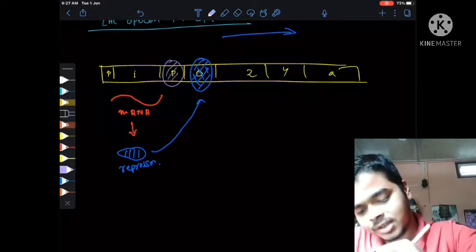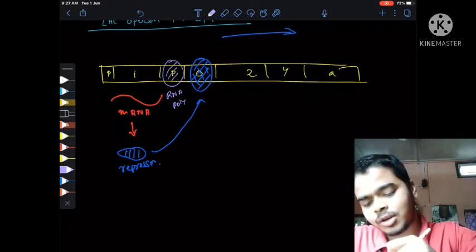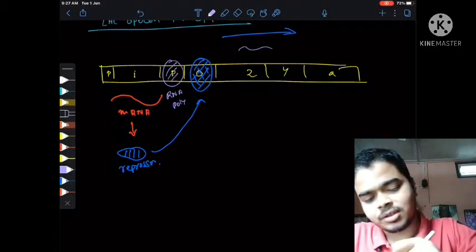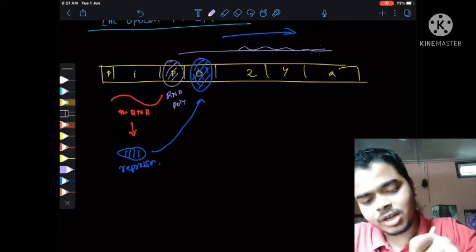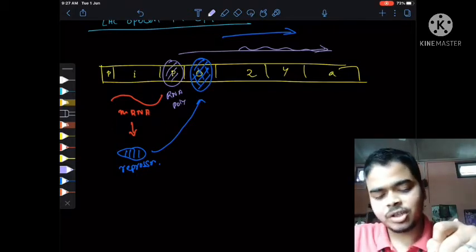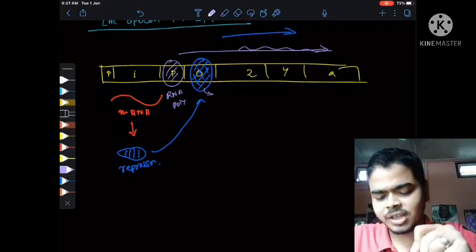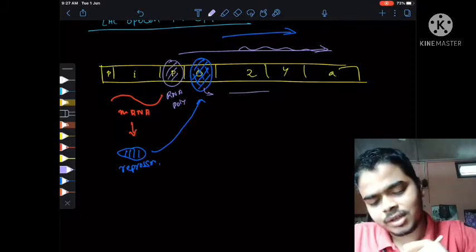You know RNA polymerase helps in transcription. When RNA polymerase binds to the promoter part and transcribes this gene, it should go from promoter to the terminator part, but due to the obstruction in the operator part, the obstruction being the repressor protein, the RNA polymerase can't move from the promoter to the terminator part.